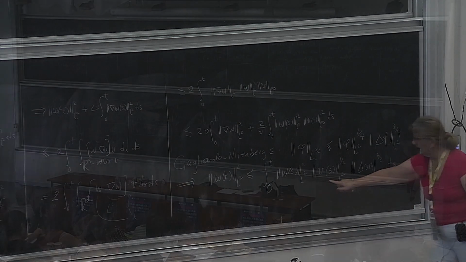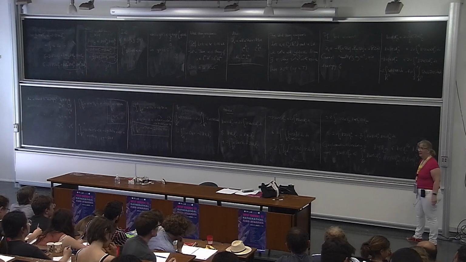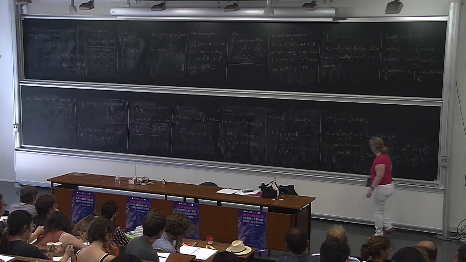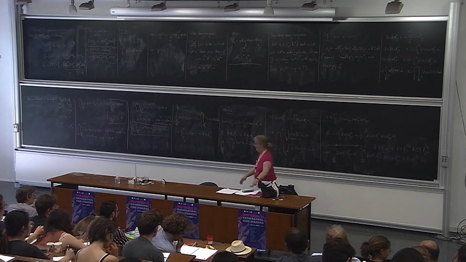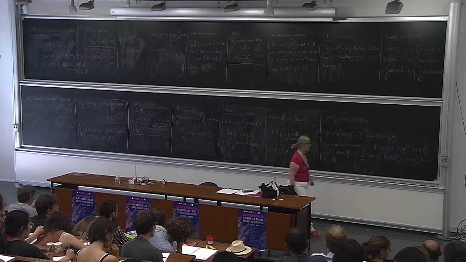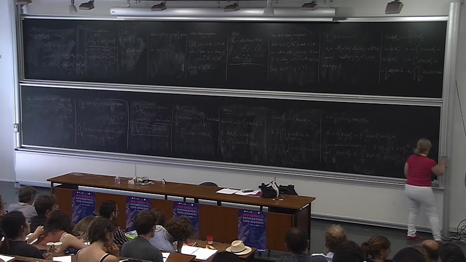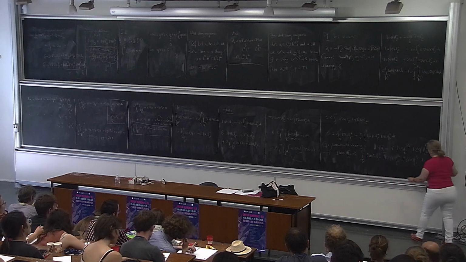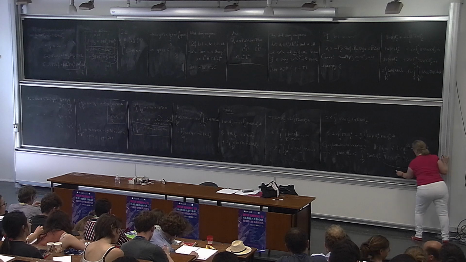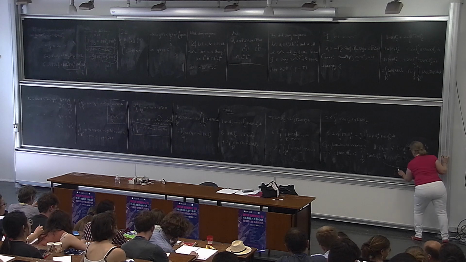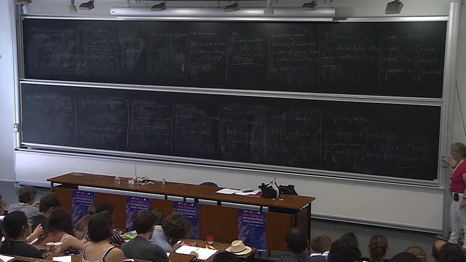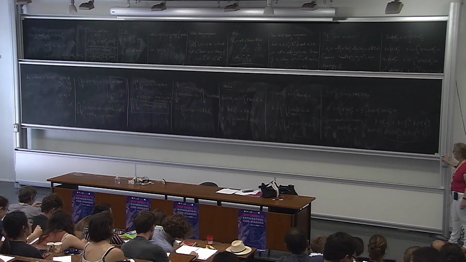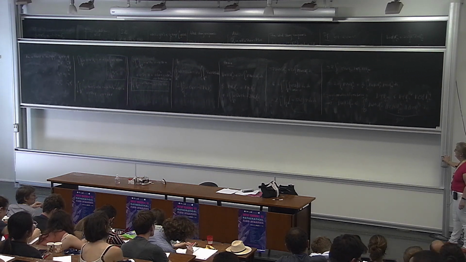Now, let's look at this object here, okay? This object here is variable in time, and that's the last step, okay? So I'm going to look at this object here. I'm calling this object g of s, okay? And I'll now show you the last step, which is that g of s is integrable.